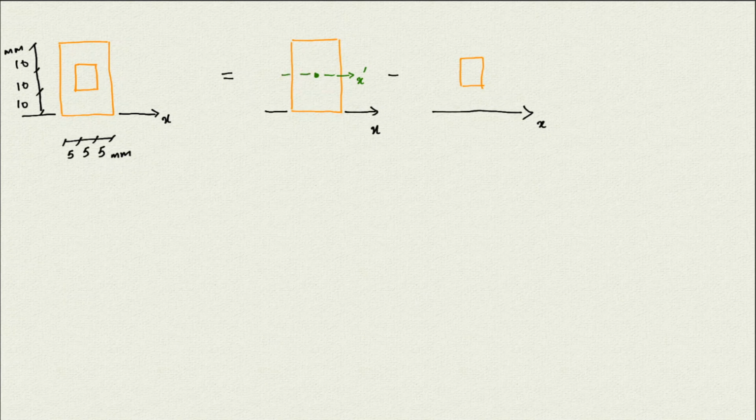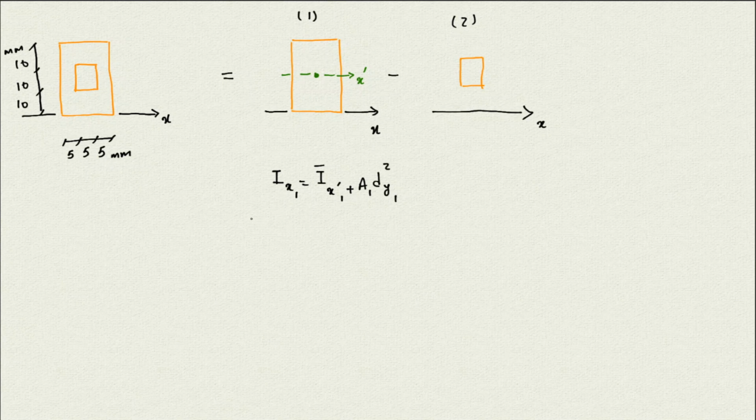So now the moment of inertia for this one there, assume this is the 1 and this is the 2. For the 1, the moment of inertia is equal to the moment of inertia about its centroid plus its area times the distance between the axes in the y direction squared.